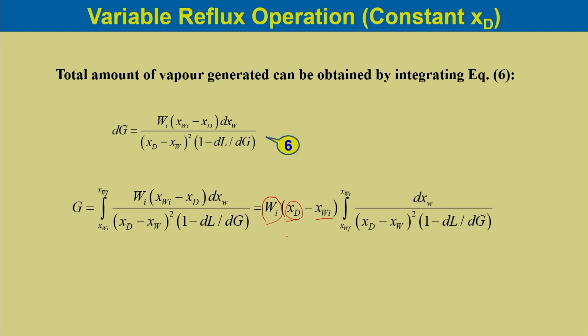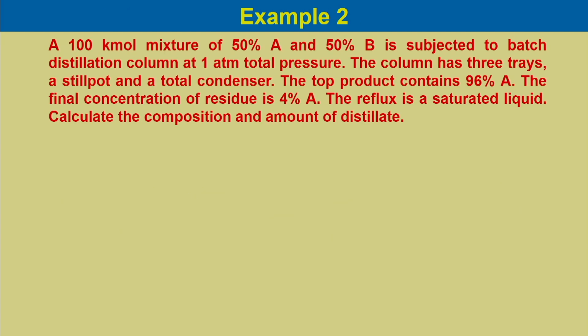This is the initial mole. So, these are constant quantities we have taken out of the integral, and now we have to find this integral. So, this is equation 7 to calculate the vapor generated in the distillation process for variable reflux with constant distillate composition.